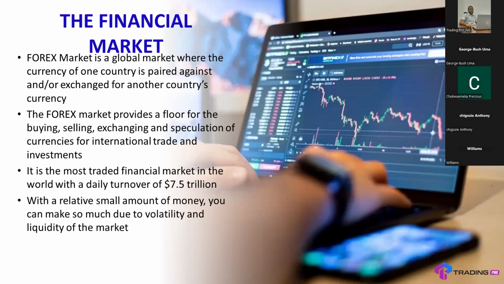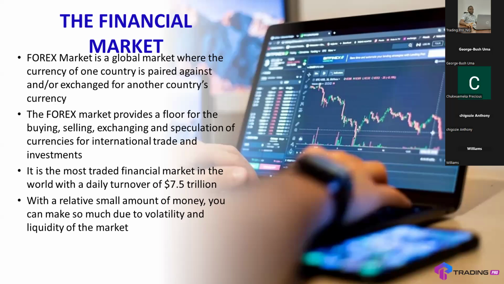If I put it to you that all those Abokis, the chain that you guys see, do you think they make money? I know 100% of us will say, yeah, those guys have money. They have money because they trade the forex market, but they are constrained by the number of currencies they have at a time. And again, they are constrained to a place, a locality.